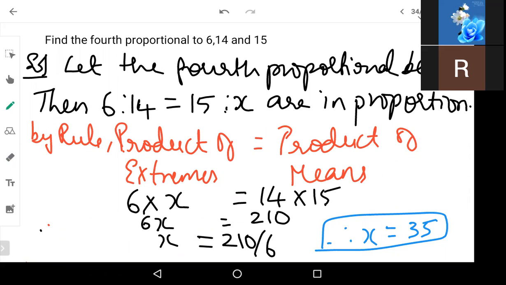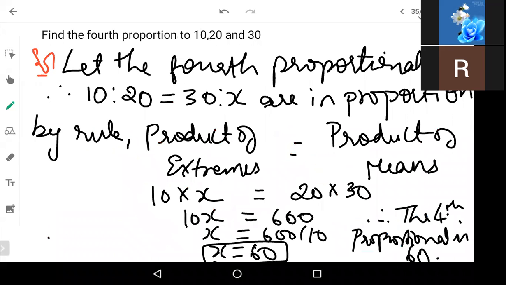So this is how you find the missing proportion from the given one. Did you all understand? Any doubts in this problem? Okay. Now try solving this.